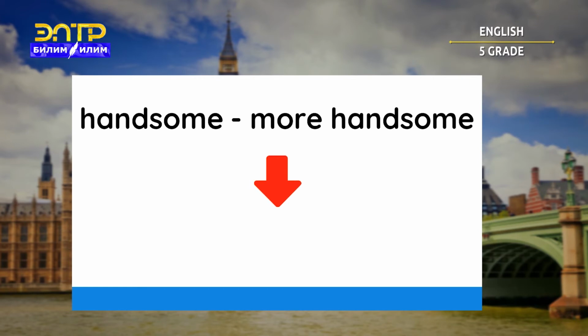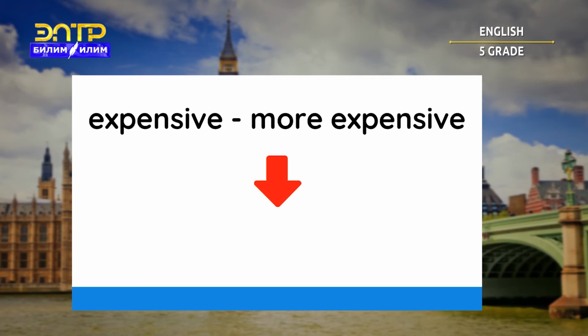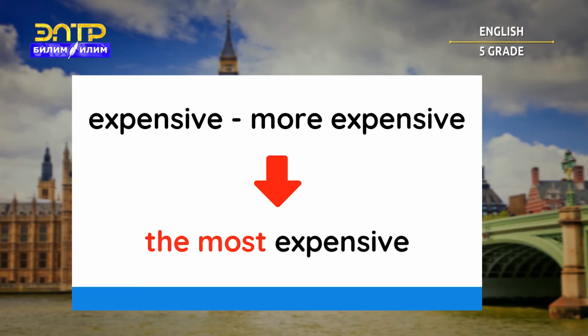Handsome, more handsome, and the superlative form is, yeah, you're quite right, it's the most handsome. The third word is expensive, more expensive, and the superlative form is the most expensive.